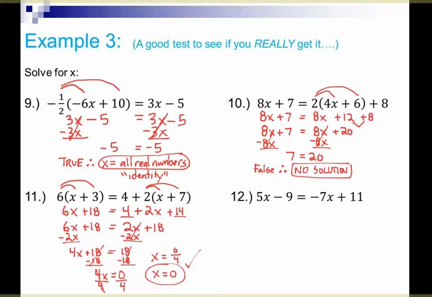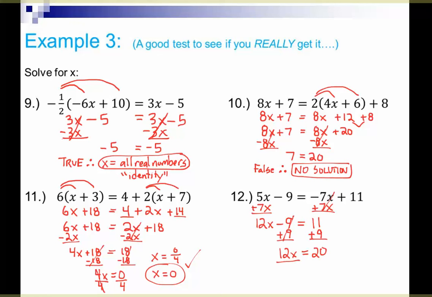All right, last one. This one must be the fraction we were talking about. We would add 7x to both sides to collect variables. If you do that, you're going to get 12x minus 9 equals 11. You would add 9 to both sides, taking out the loner. And you end up getting 12x equals 20.